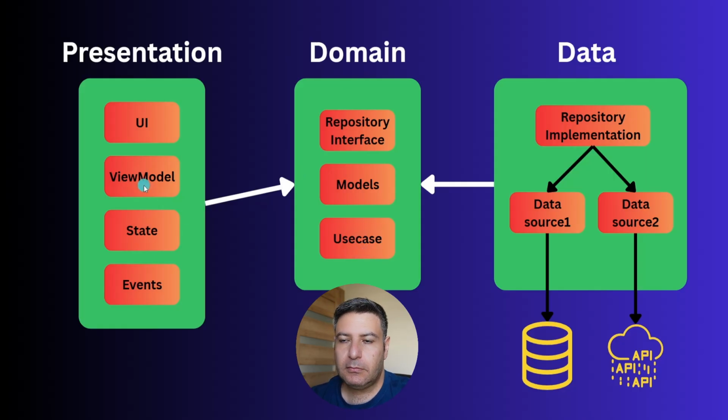The data will be given to view model, then the view model will pass the data to the use case and only ask the use case, okay, check this data for me, and if it's compatible with our database, for example, send it to the database. If it's not compatible, give me an error and I will show this error to the user to correct the data. Something like this.